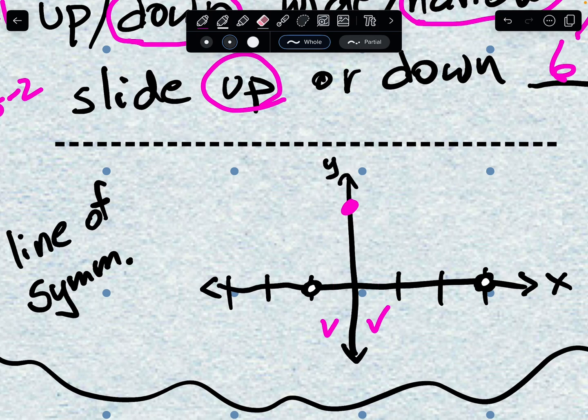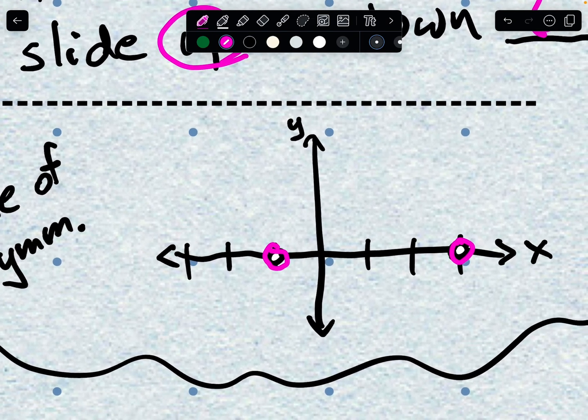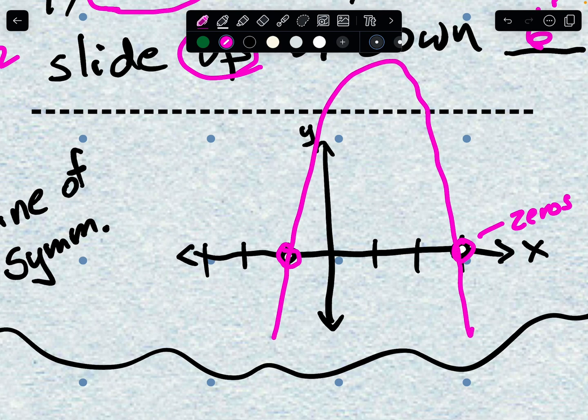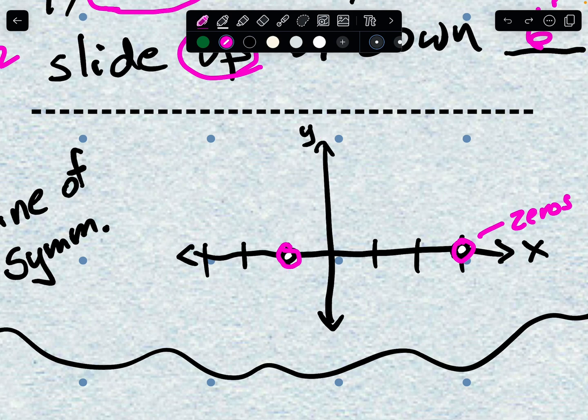So what we need to think about here is, if all I tell you is that there are 2 spots where the graph crosses the x-axis, where is the line of symmetry? Remember, these we called the zeros. We don't know if the parabola is a wide one or a tall, thin one, or which direction it's going, but we do know that they're there.